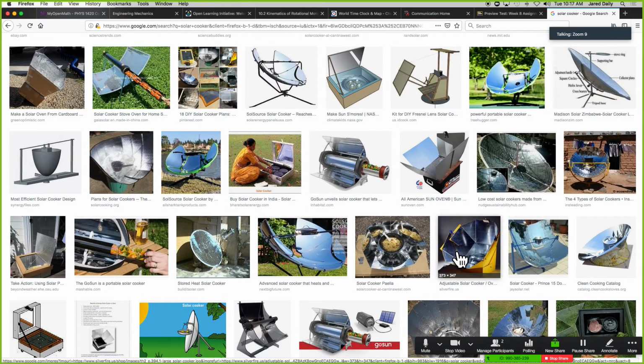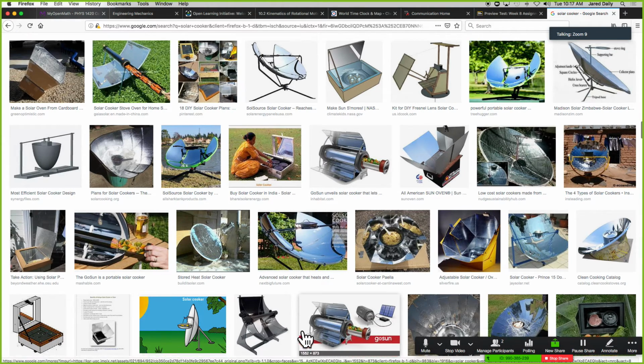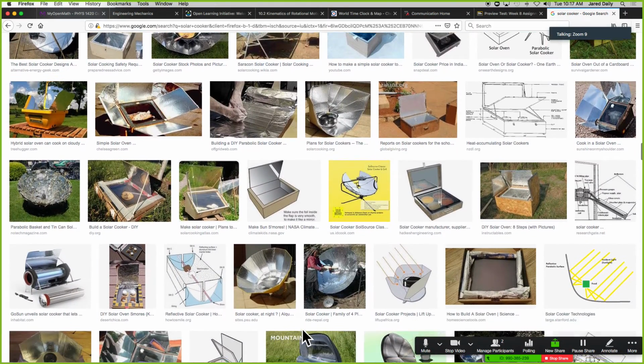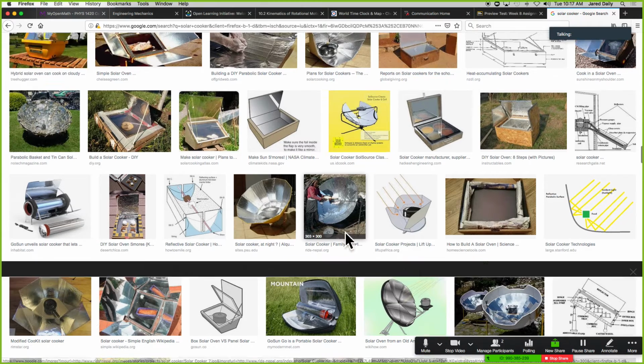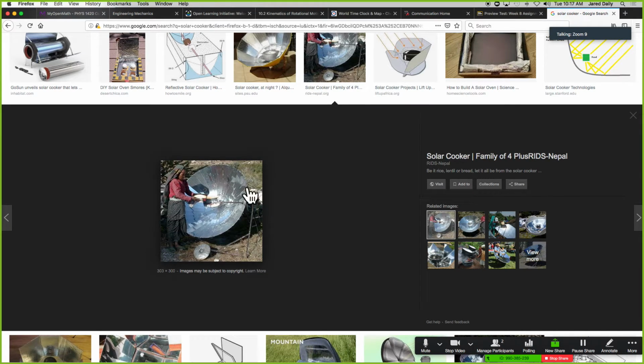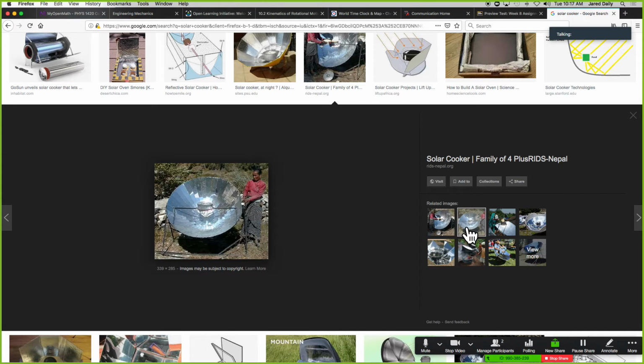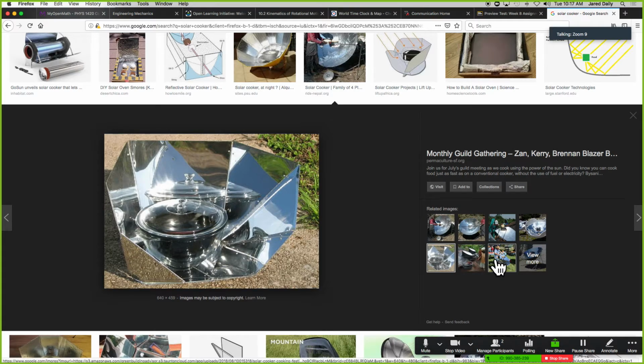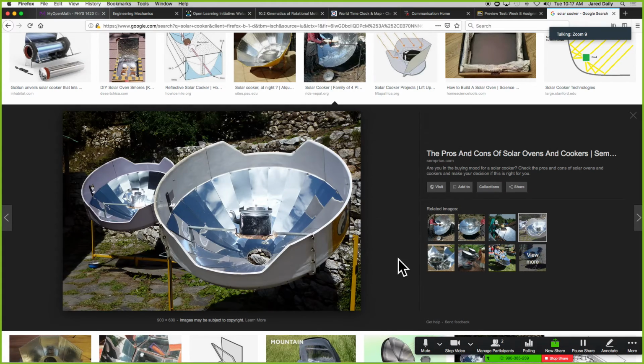But in every case, the idea is to focus as much energy into a single place, or along a single line in the case of these cylindrical ones, as possible, and turn that light into heat. Right? Here's actually one of the ones that was shipped by one of the groups overseas. So you can see that they're being used all over the world now, and it's a really great thing.